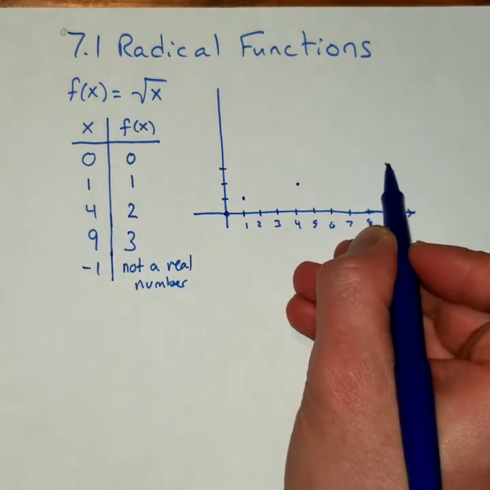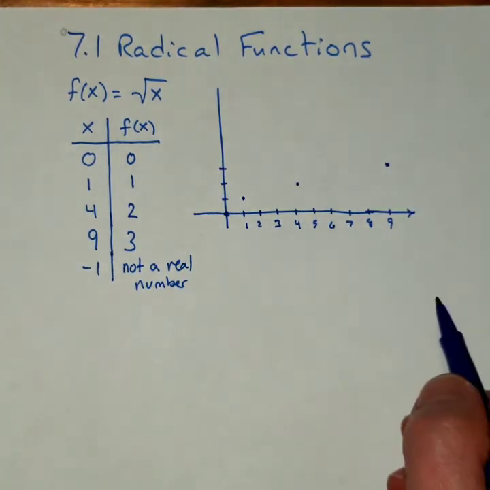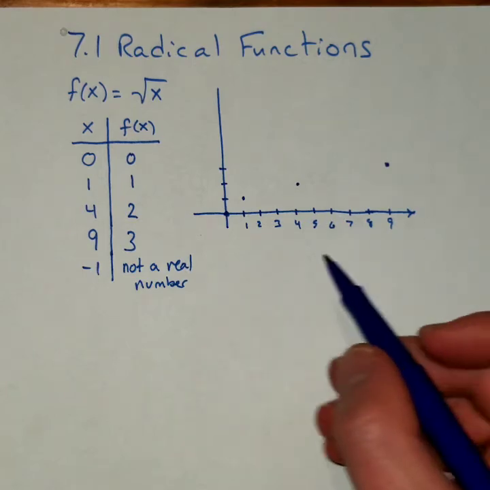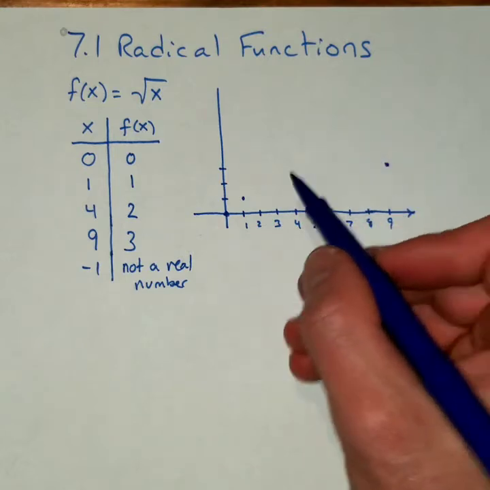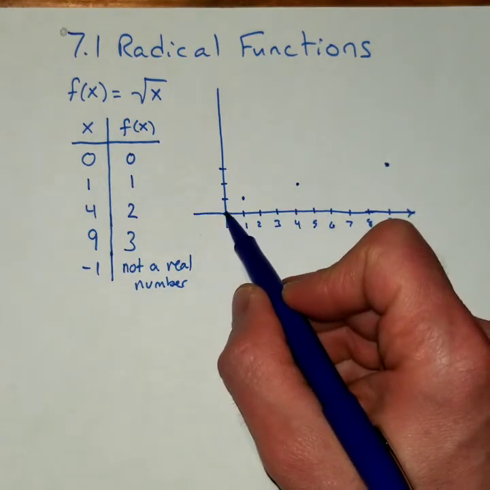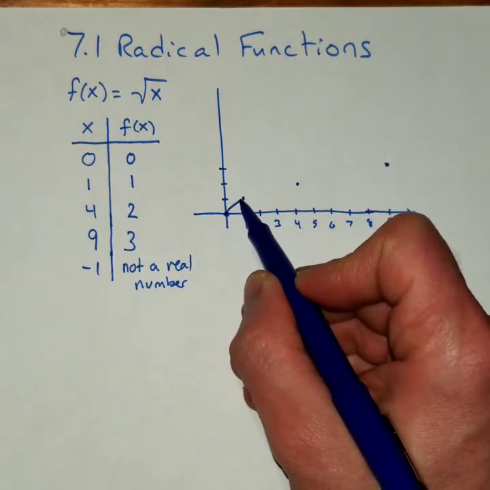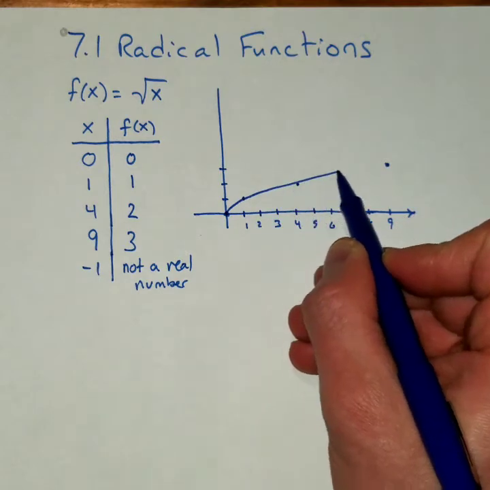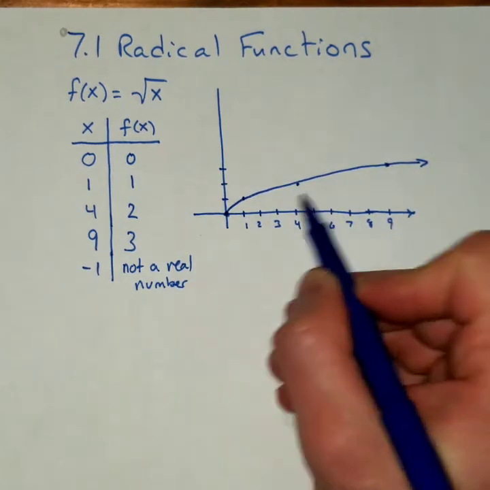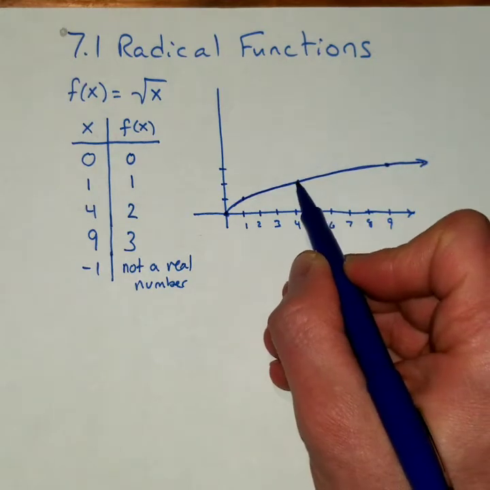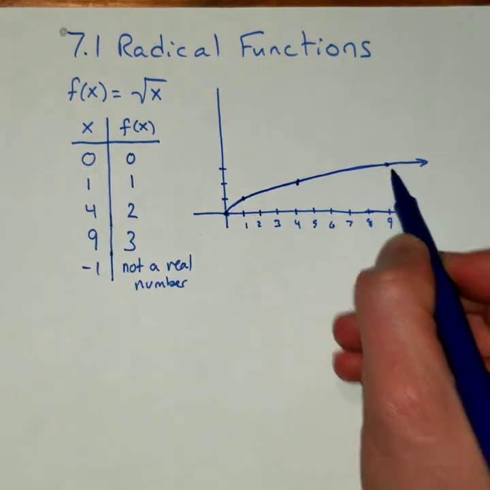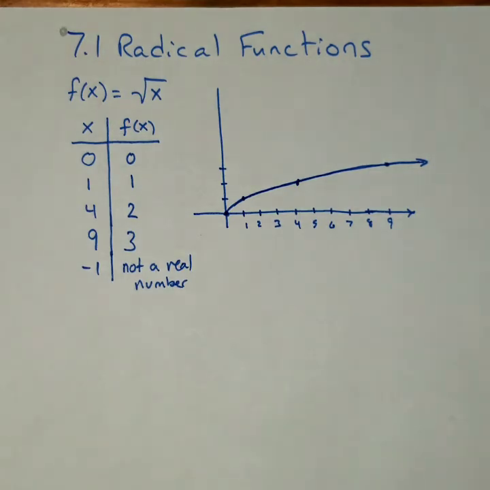It might be a little more over there. Okay, so somewhere in there. And what you'll find is that this graph does not go straight up like our linear graphs. Instead, it has a curve to it. It starts at 0, 0, increases a little more rapidly, and then kind of levels off a little bit. Now, I probably didn't graph that real well, but something like that. Okay, and this curve then is the graph of the square root function.